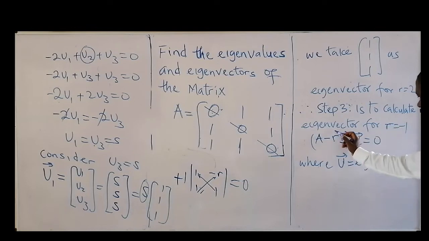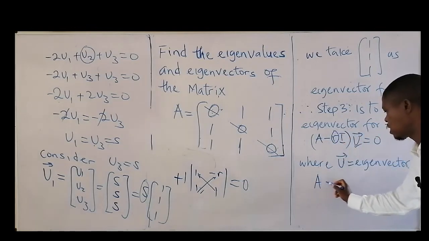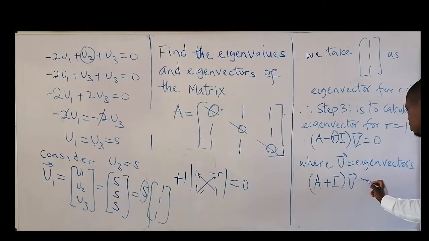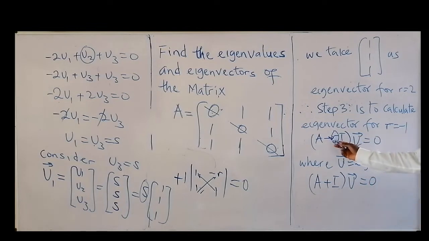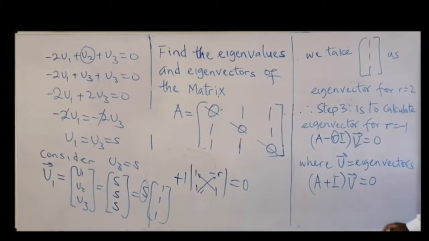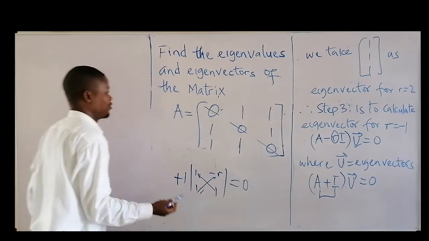So we can plug in the value of this, and that will be equal to A plus this, equal to 0. The meaning of that is we are having plus 1 here now. We come back to the leading diagonal, so this will be plus 1, plus 1, plus 1. You can also do it this way.